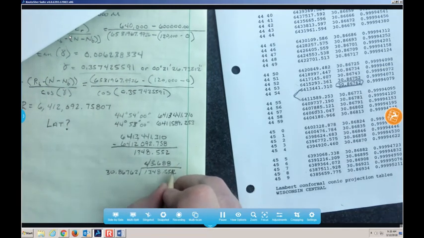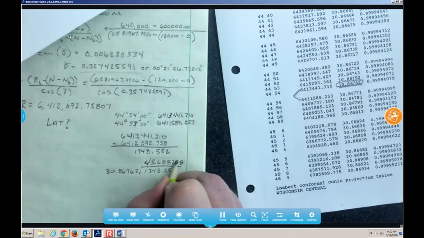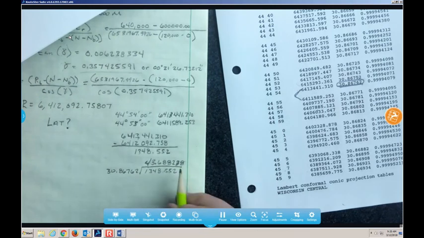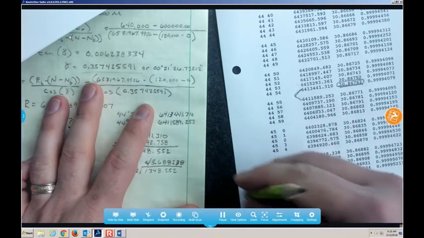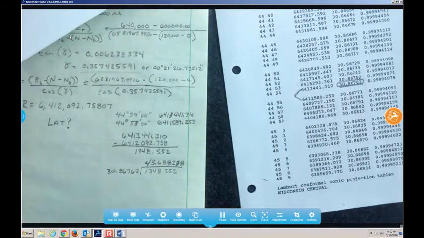Actually, we should carry this out: 43.688238.